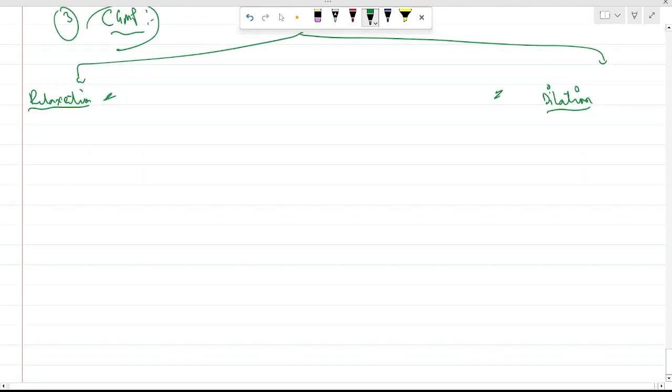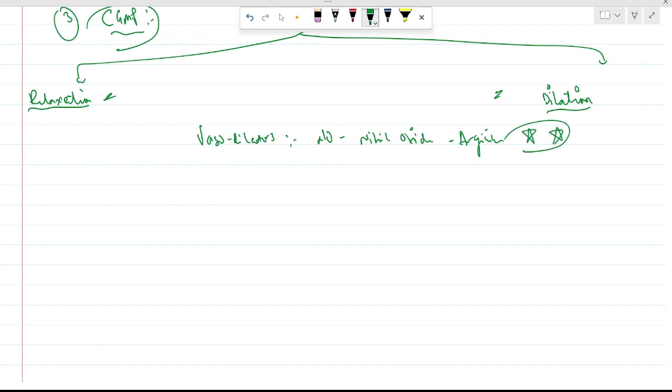So cGMP, the general vasodilators, acts through this. What are the vasodilators? Nitric oxide. From which amino acid is it derived? Arginine. It's an important question asked very frequently in recent examinations. This nitric oxide derived from arginine is an important vasodilator. Second one is natriuretic peptides.